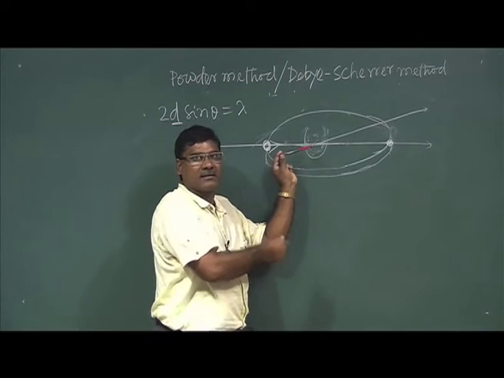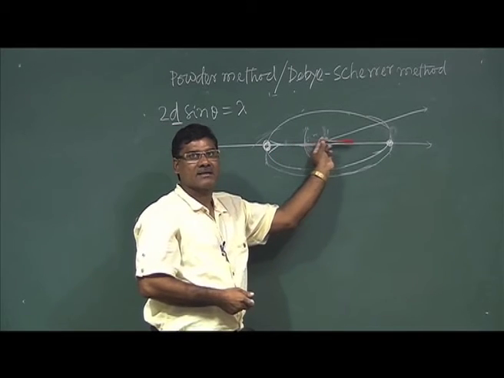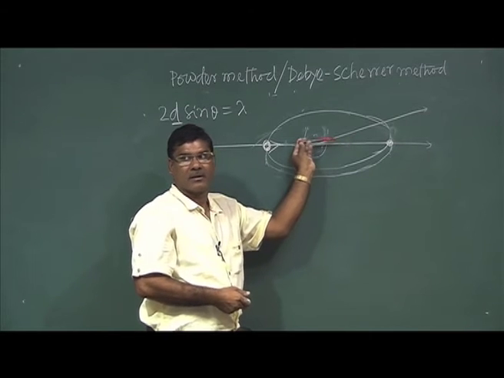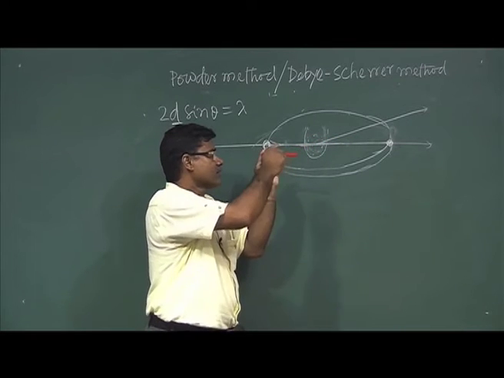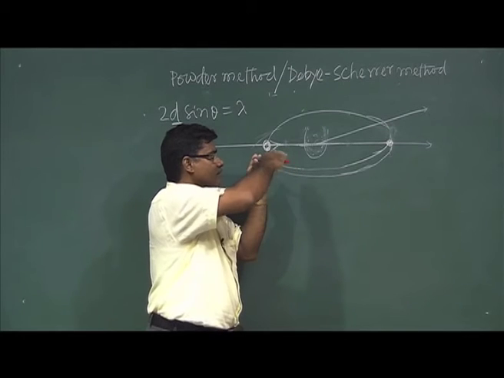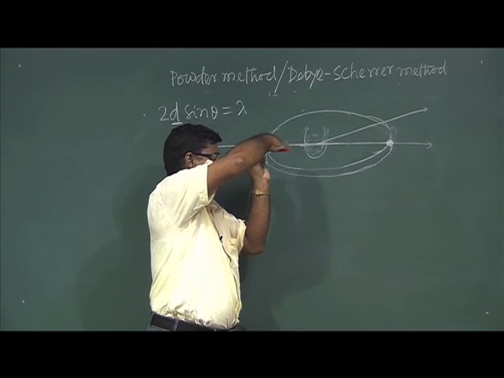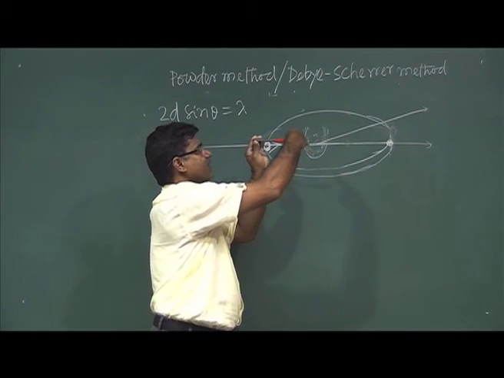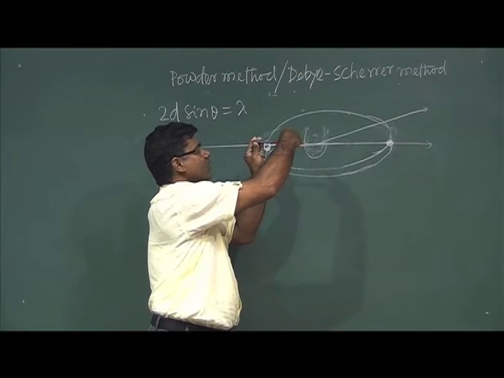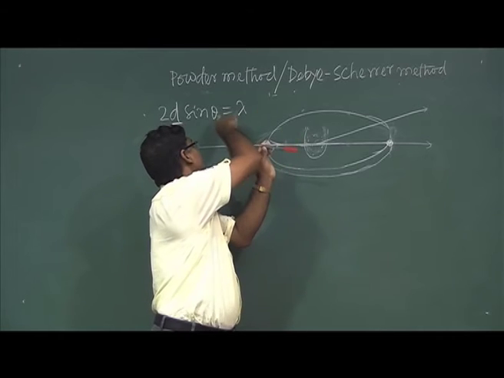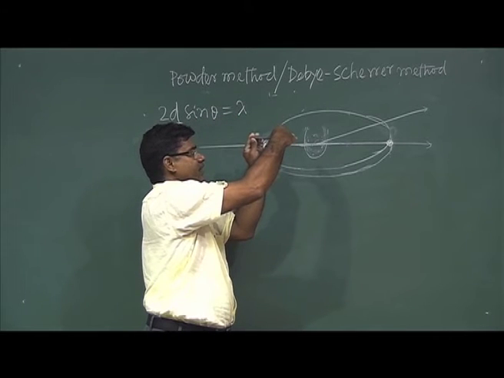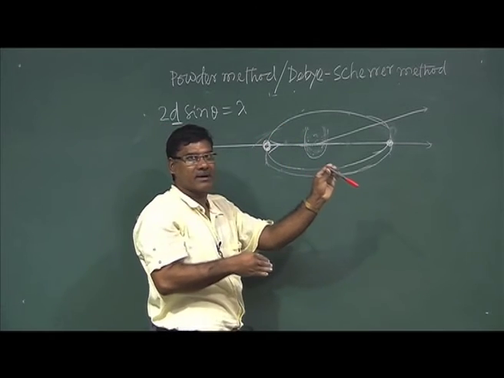This is the incident X-ray, and I have a plane, say the 1 1 1 plane. It will satisfy this condition for angle theta, so I will get a reflected one.